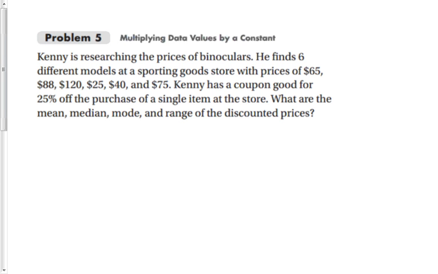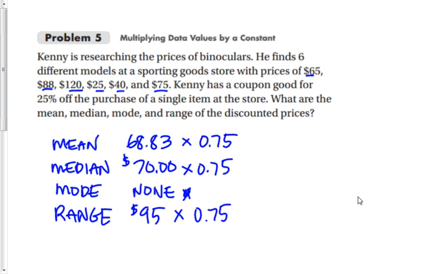So the way we're going to do this is we're just going to find the mean, median, mode, and range of the original prices. And then we're going to just scale those by 25% because they will be affected by the same multiple. So we're going to take 25% off of each of those numbers. So to take 25% off, I'm just going to multiply by 0.75.